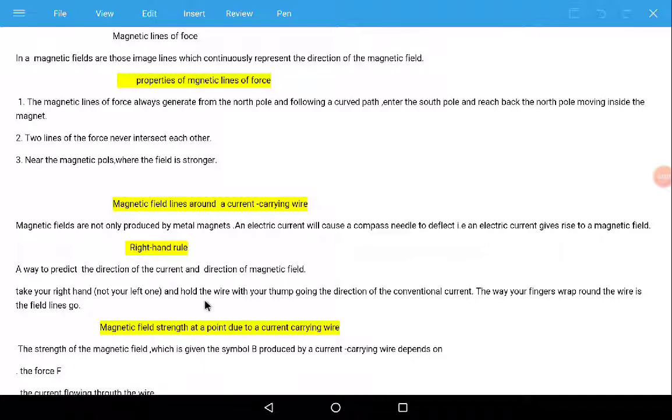So the thumb indicates the direction of the conventional current, and the other fingers encircling it indicate the direction of the field lines. So the right hand rule is a way to predict the direction of current and direction of magnetic field.